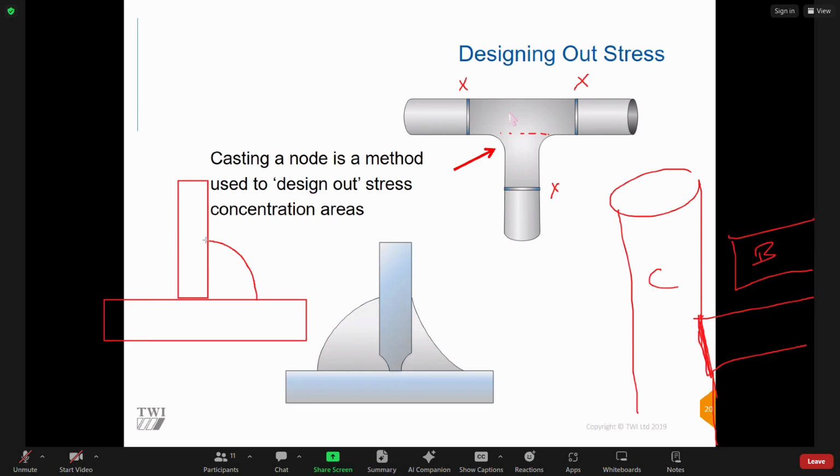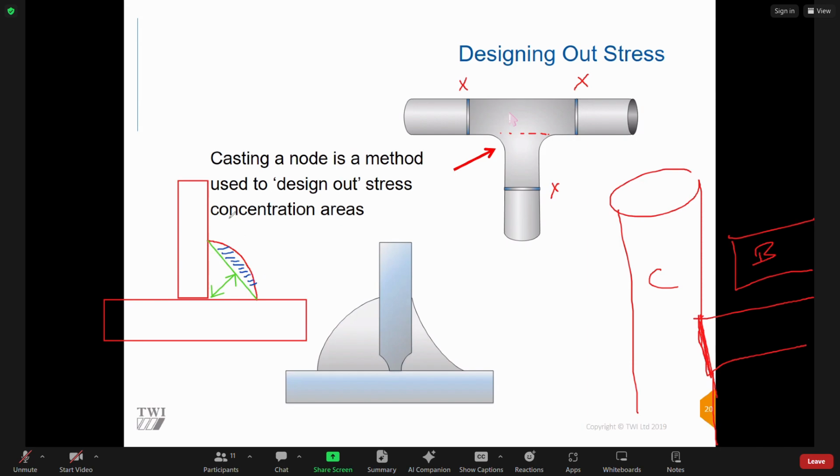Okay, so we draw a line between the toes like that. The throat thickness is that dimension in there. Okay. So anything above that green line, that's excess weld metal. It doesn't offer any further strength to the joint.